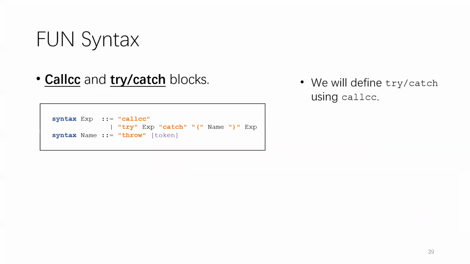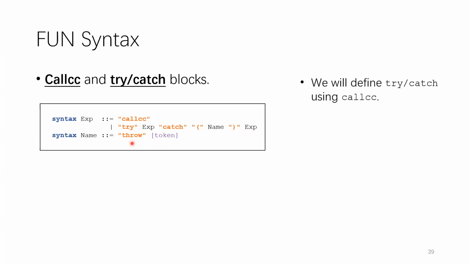So callcc, we saw that. And our plan is to define the try-catch block as syntactic sugar using callcc. We'll see how to do it later. Basically, we have the callcc, and we also add the try-catch block.